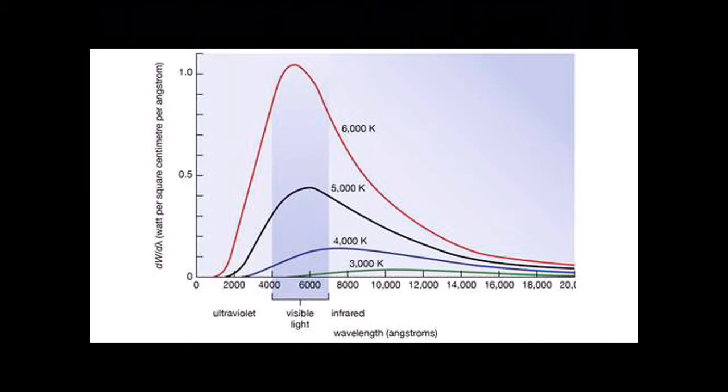So as you can imagine, as the temperature of a filament globe increases, the spectrum that it emits is also going to change. Because the peak wavelength is becoming shorter and shorter as the temperature increases, the observed colour or observed wavelength is going to change as the temperature increases.